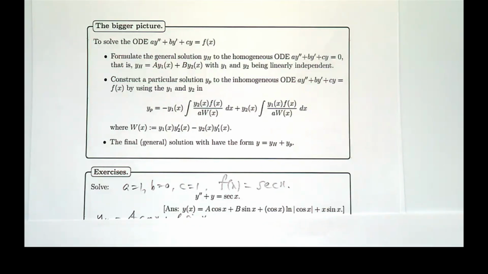So it's a little bit difficult because we haven't seen anything like this in first year. It would be tempting to say, oh, my particular solution is going to be a c sec x or something. You could try it. I don't think it'll work out for you. And why don't I think it'll work?